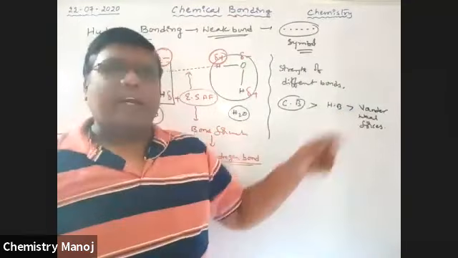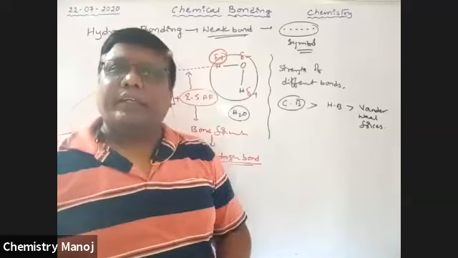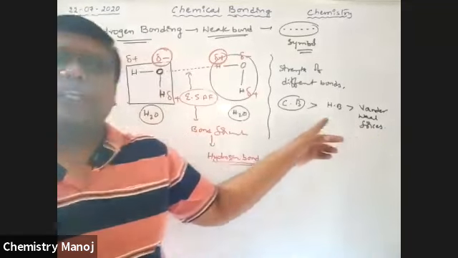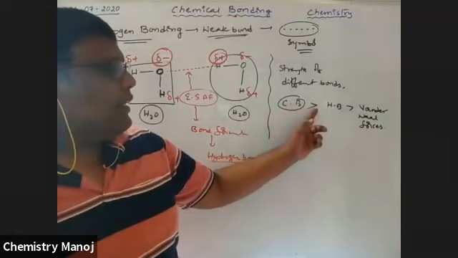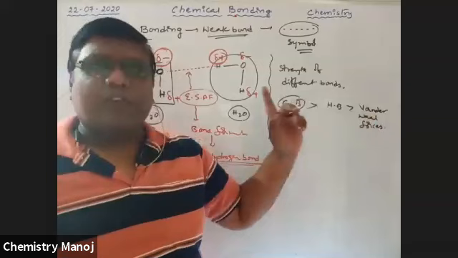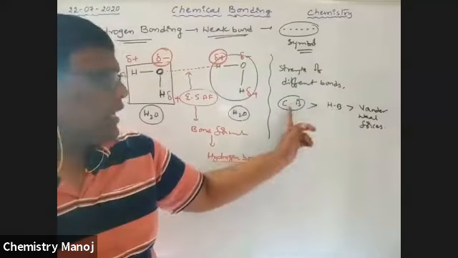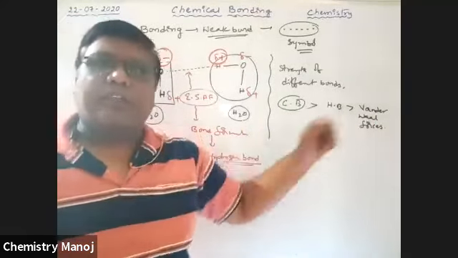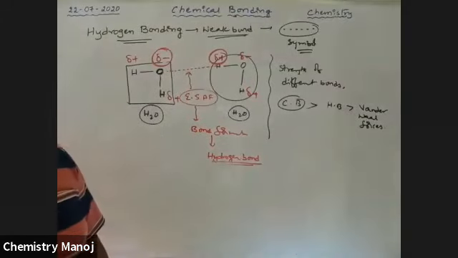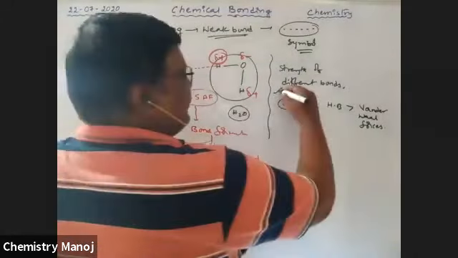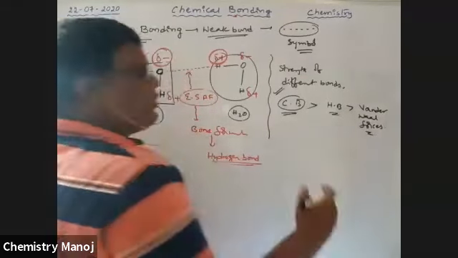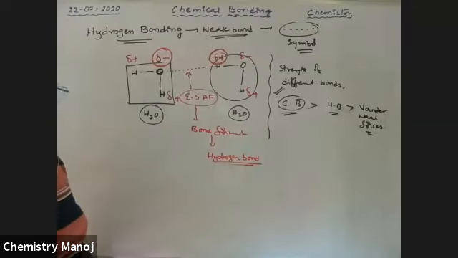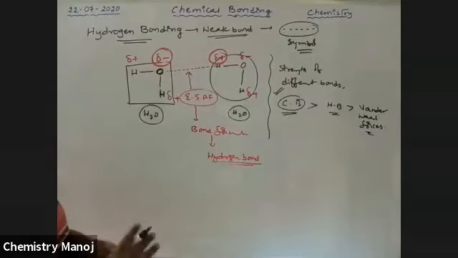Van der Waals attractive forces are very weak forces. I will explain in states of matter. So covalent bond is greater than hydrogen bond, which is greater than van der Waals forces. That means a hydrogen bond is weaker than a covalent bond but stronger than van der Waals forces. That is the order of strength. Covalent bond is very strong, hydrogen bond is weak, and van der Waals forces are very, very weak. So this is the hydrogen bond. Now I will give one more example.